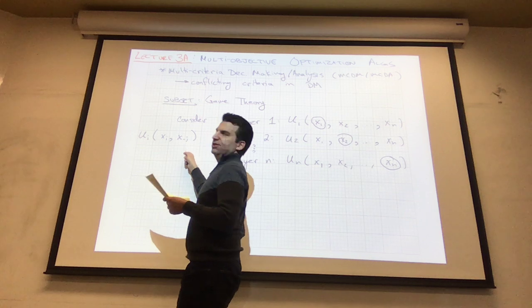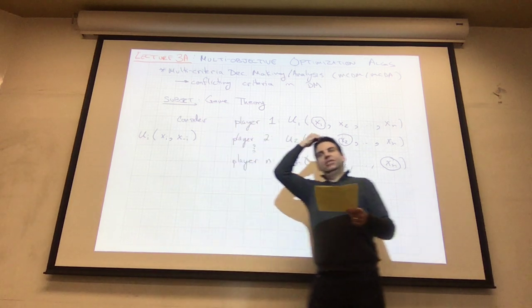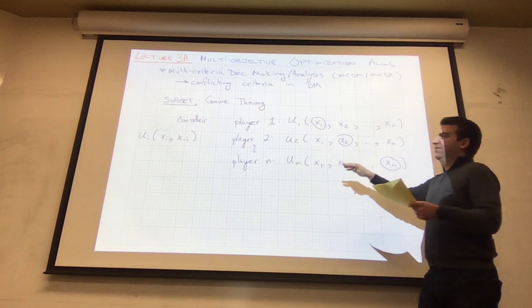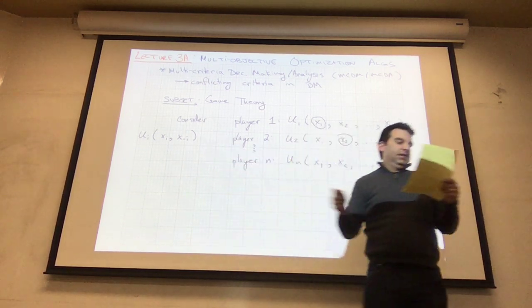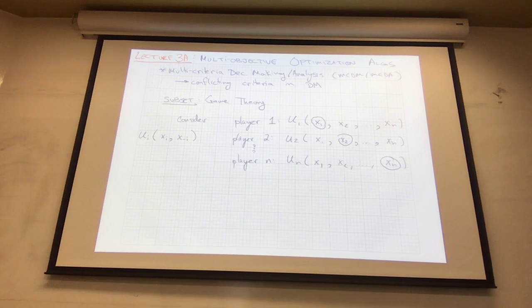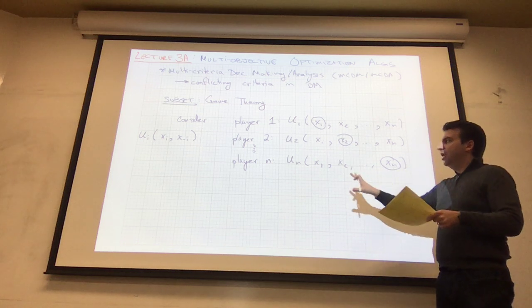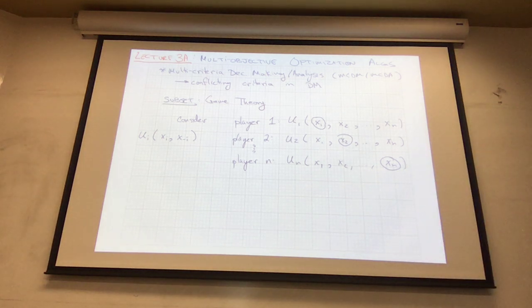That's just the notation, what we mean by minus i. It just makes it easier for me to not write something as cumbersome as this, even though it changes the sort order. And so in game theory, one of the equilibrium notions we have is the so-called Nash equilibrium.